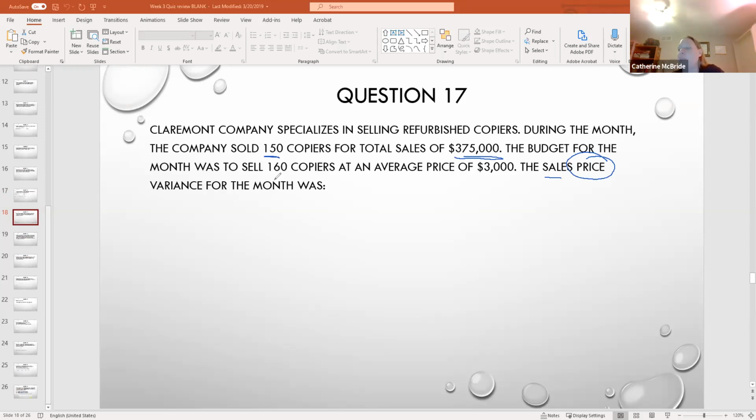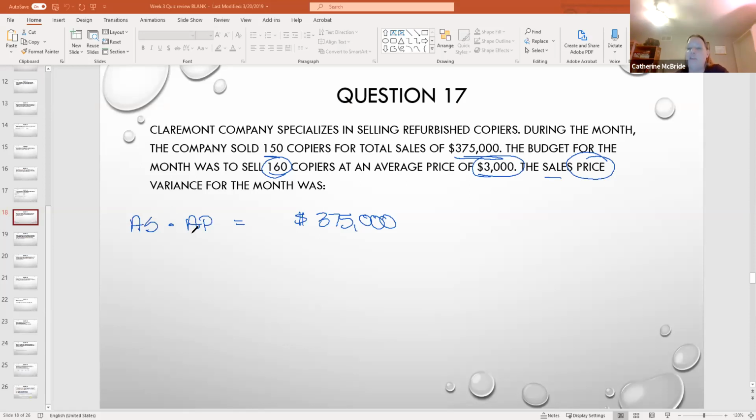The budget for the month was 160 copiers at an average price of $3,000 each. So if we take our actual, we get the 375,000 because actual is 375,000. They're given to us.